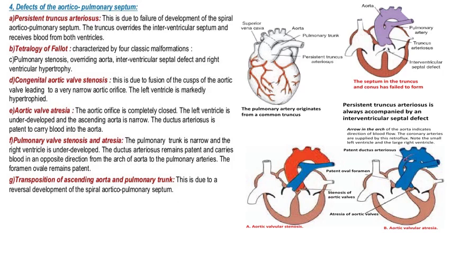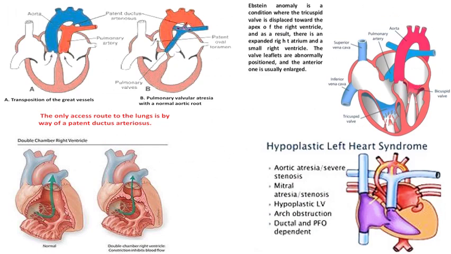And then let's come to this. So this is pulmonary atresia, where the right ventricle cannot pump its blood into the pulmonary trunk because of atresia of the pulmonary valve here.